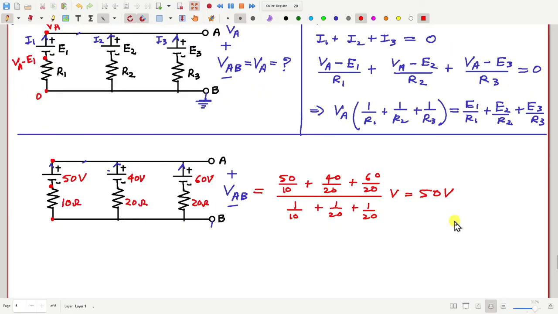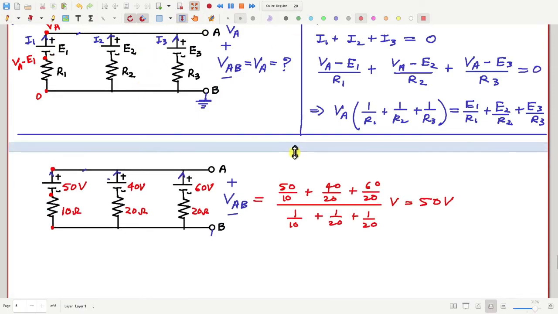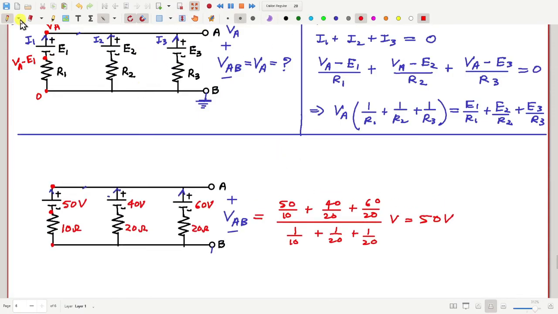But now let us learn one more method for solving circuits. This method is called mesh or loop analysis.